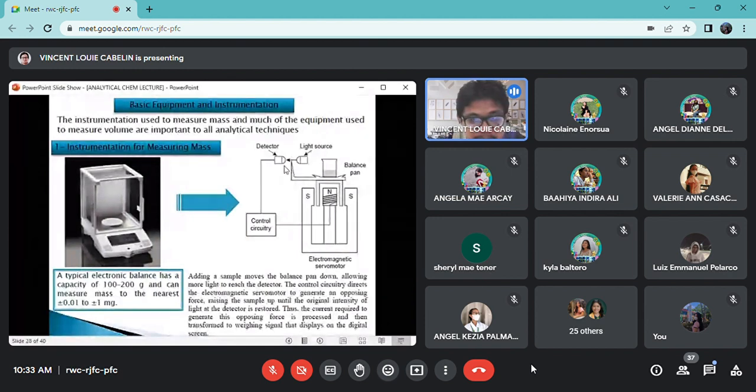At the start, when you don't have anything, the light is blocked. There is a light source, this detector, and a metal blocking it. But as this fan goes down, more and more light passes through to the detector, and the measurement of the device goes up. Okay? So that's how your analytical balance does its job.